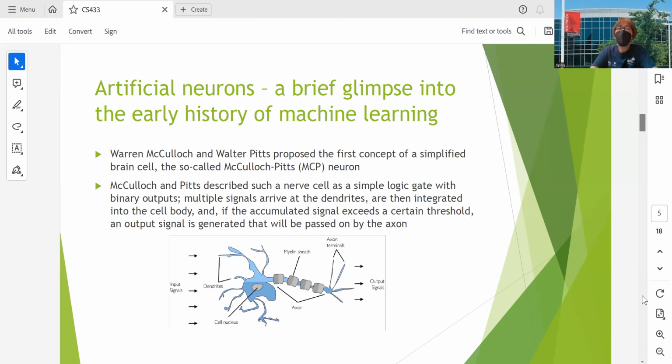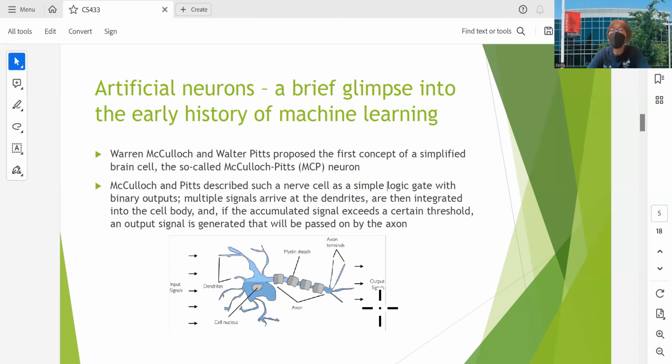Okay, then here is the very, very basic idea about artificial neurons. Over here, we can see some early history of machine learning. The first concept of the neuron is called the McCulloch-Pitts neuron, the MCP neuron, proposed by McCulloch and Pitts.